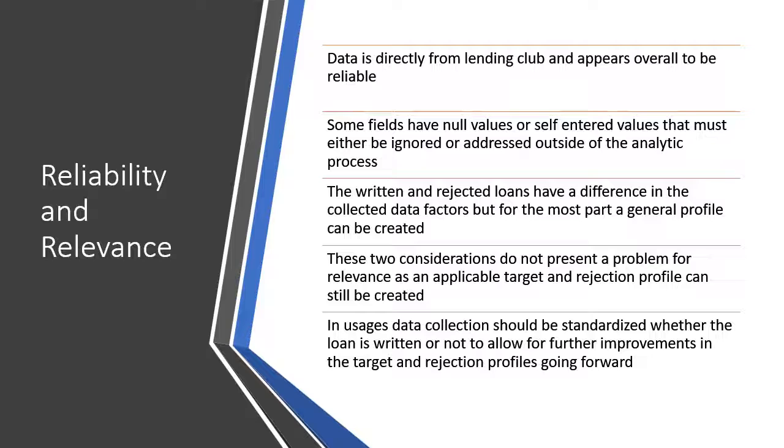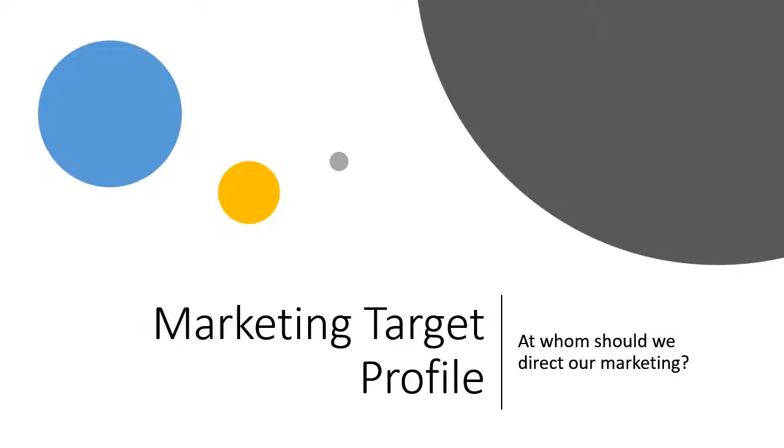In further usage, data collection should be standardized whether the loan is written or not to allow for further improvements in the target and the rejection profile going forward. These profiles are not designed to be written once and never touched again. They must consistently and constantly be analyzed and readdressed in order to tighten and improve the profiles. And we'll talk about those specific factors later on in the presentation.